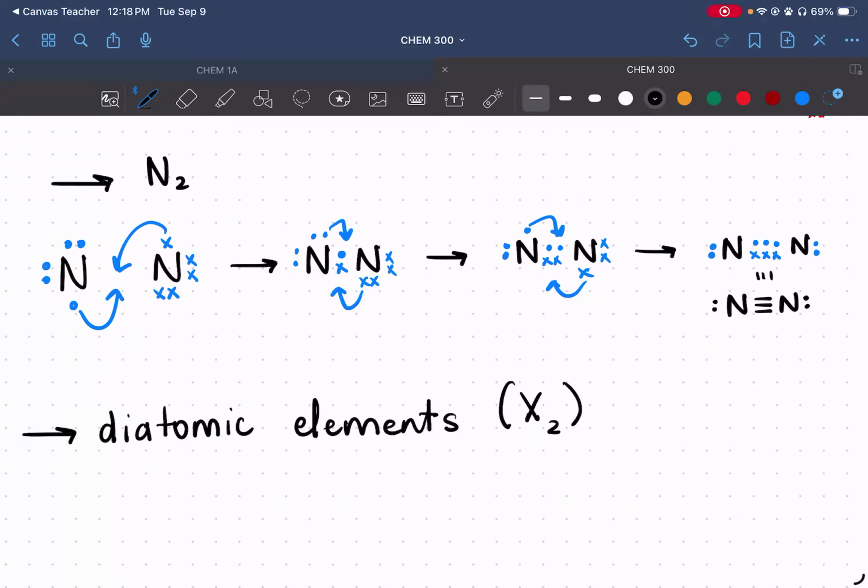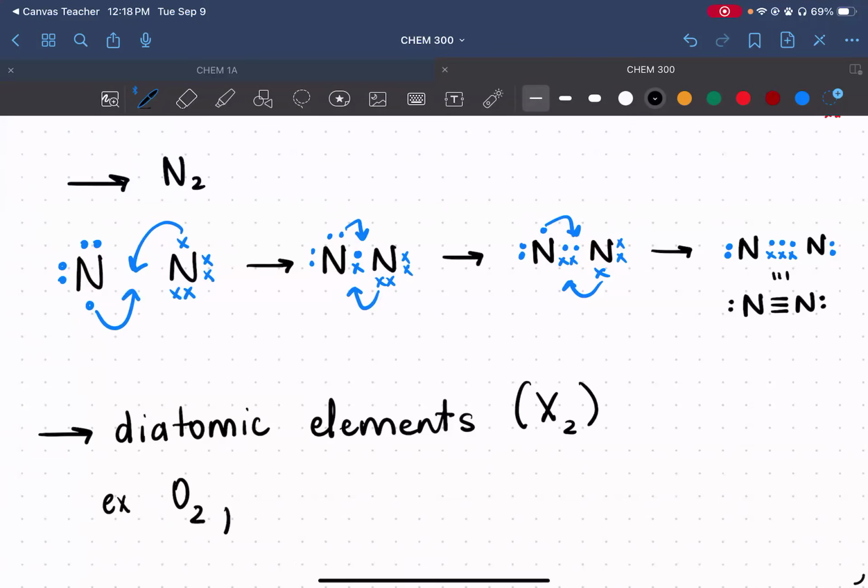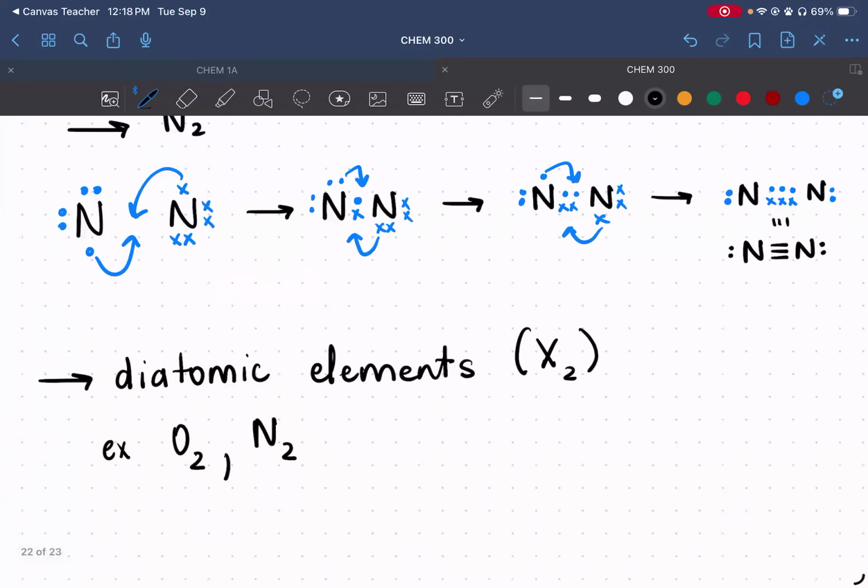Diatomic elements are two of the same atom, shown here generically with X2, as that's how the atom exists in nature. You're all very used to oxygen, O2. You're probably also used to nitrogen, N2. So those are probably two you already recognize as being diatomic.